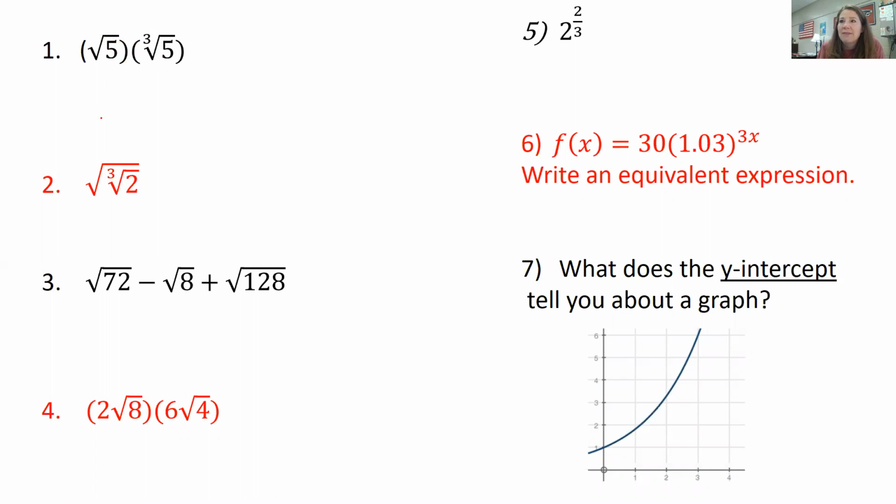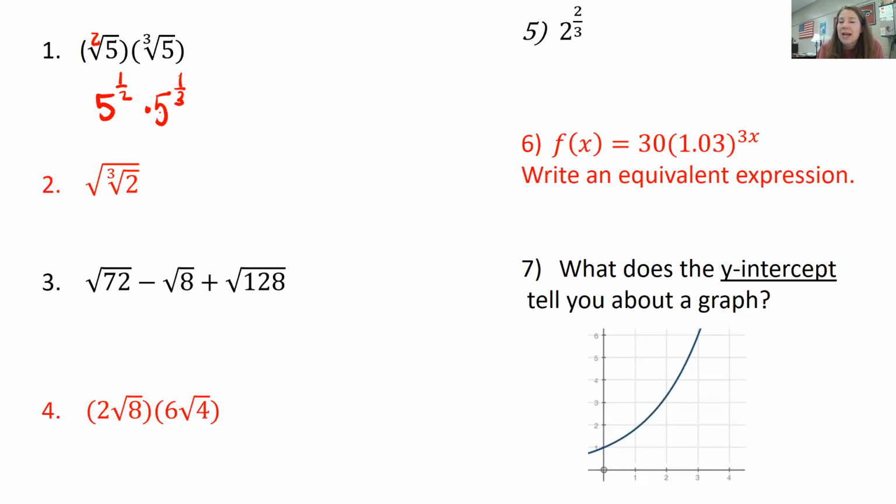Since 5 in the radical is to the first power, the numerator is a 1. And since the number in the little section of the radical is a 2, we turn the square root of 5 into 5 raised to the 1/2 power. We're going to multiply that by 5, and since it's to the first power, 1 is our numerator and our 3 is our denominator.